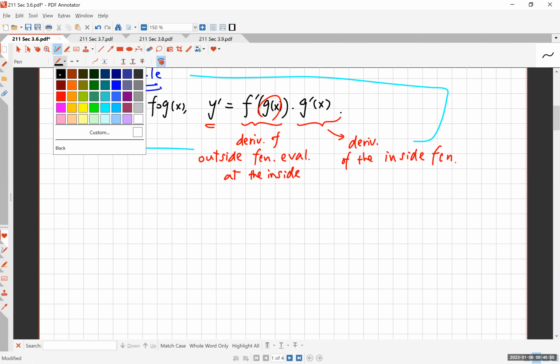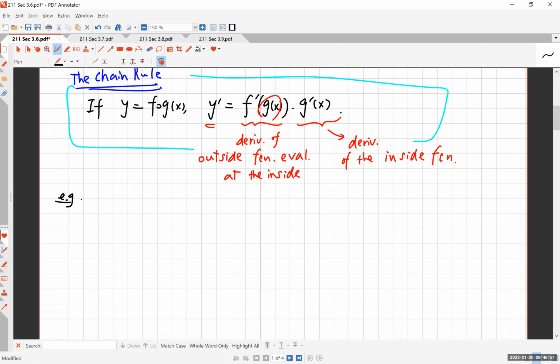All right, so let me give you some examples, because the way to understand or to master many concepts in mathematics is by looking at examples. So let's say we had this function, sine of x squared. And I said that the derivative is not cosine of x squared. So what is it? Here's the way to think about this. Remember, this is sine of x squared.